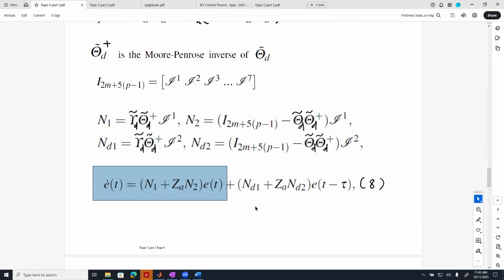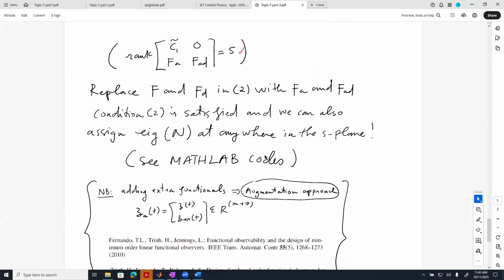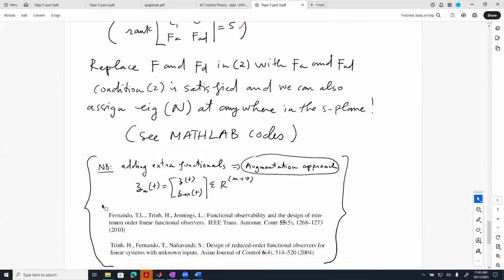And if this error dynamic equation is stable, in other words, the pair is detectable or observable, we could have come up with another condition that can be tested before we keep on increasing the order of the observer. That also tells us there is a problem we can solve, following the idea of this reference.